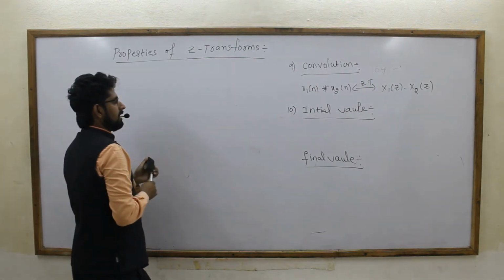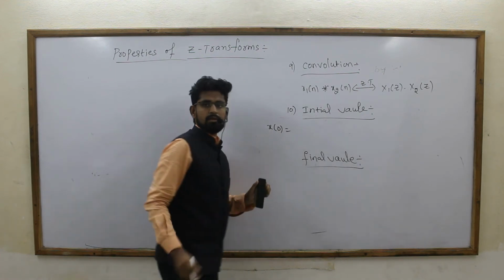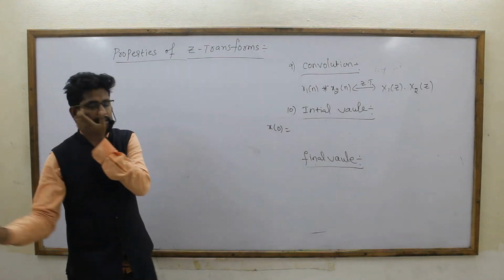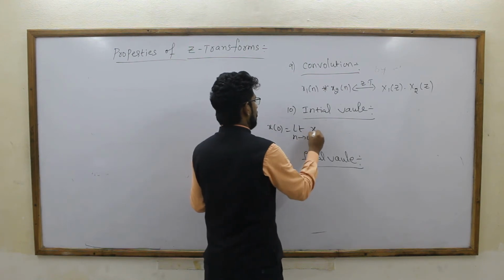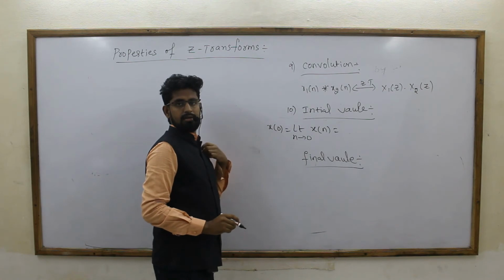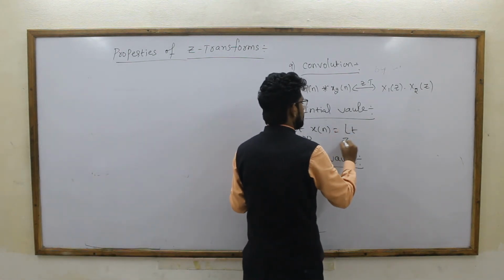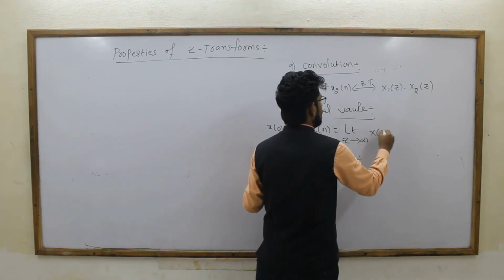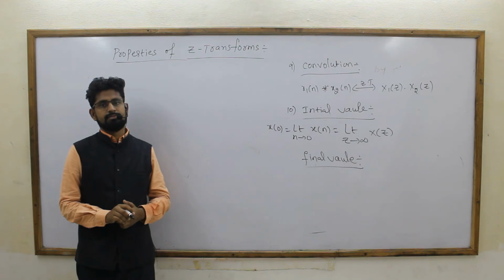So the initial value is nothing but x naught, right? x naught is equal to limit n tends to 0 of x of n, which is the limit as z tends to infinity of X of z. This is the initial value theorem.